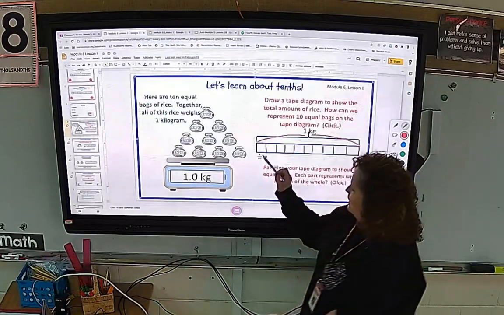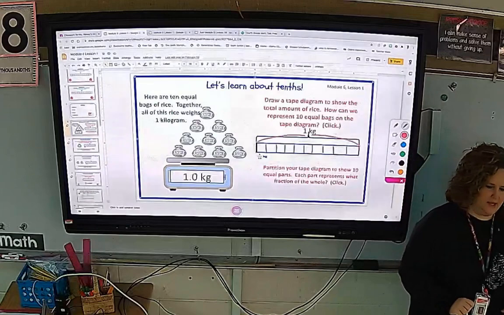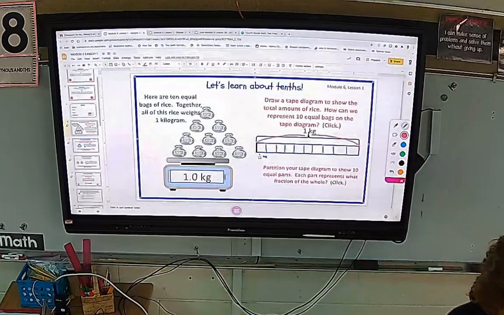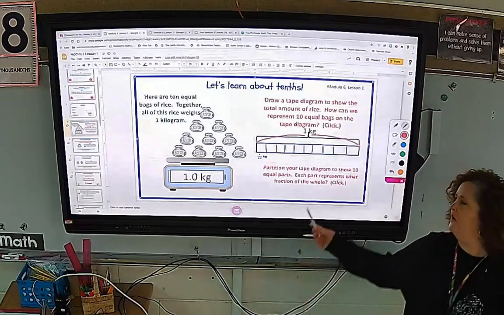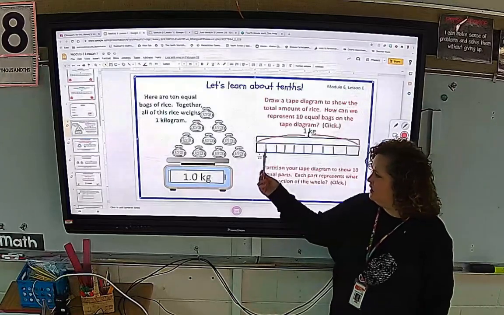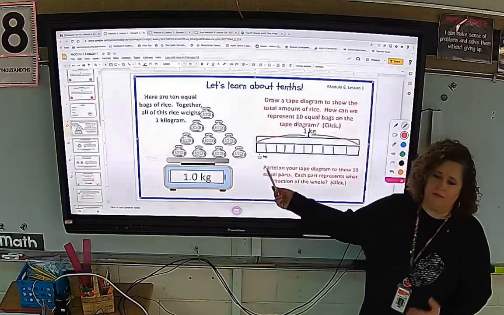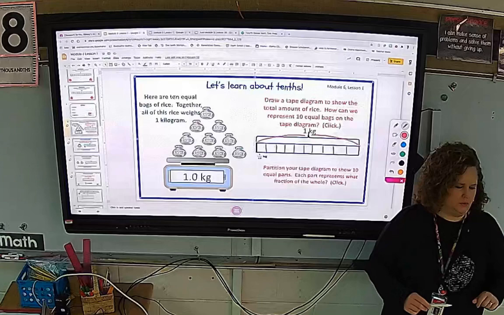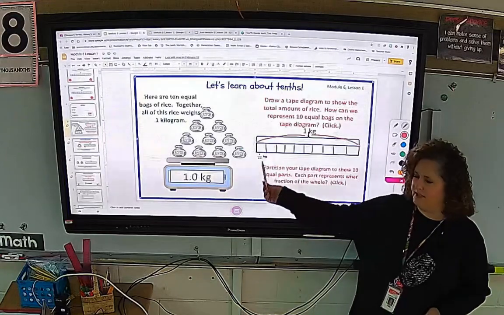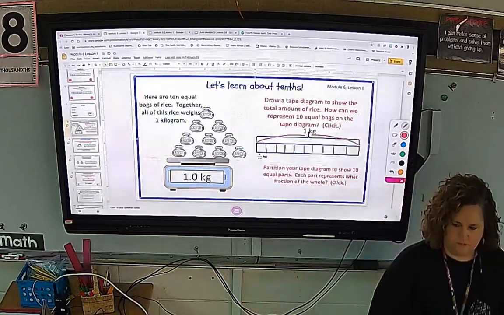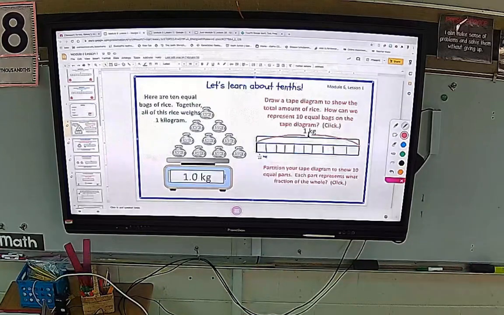So we're going to label that. Okay. Mine is already labeled and it's really tiny. You're going to have to write small too, but we're going to write the fraction 1/10 under that first section. Now they labeled all the way with the kilogram. Don't worry about the kilogram right now. Just put 1/10. Again, our focus is not the measurement part right now.